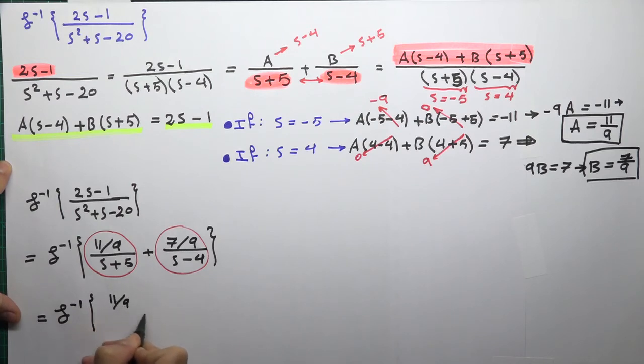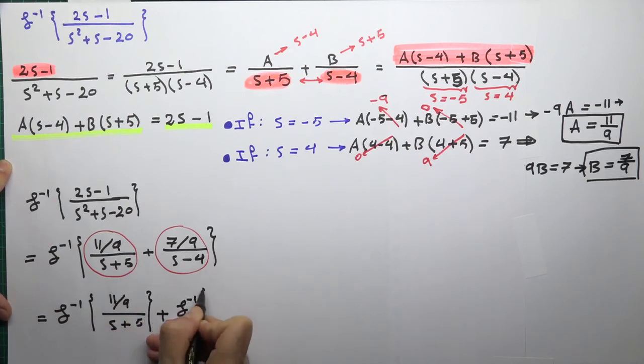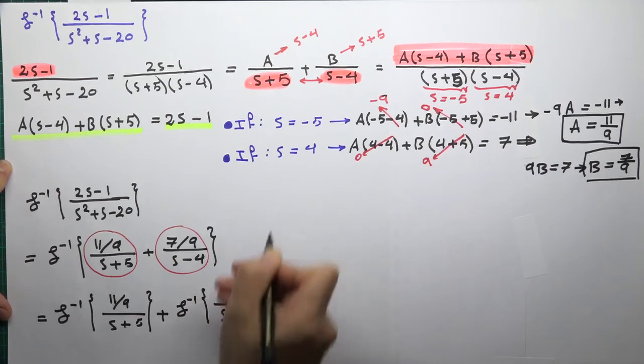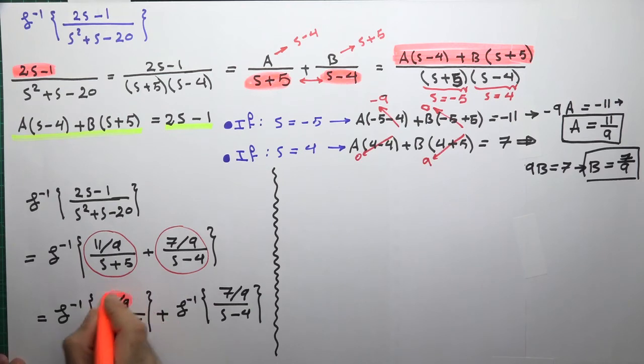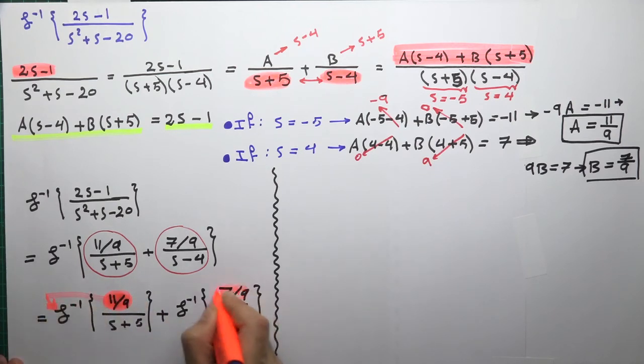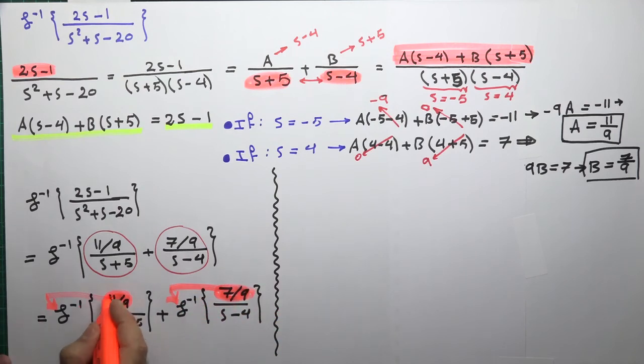So عندي 11 over 9 over s plus 5, then plus inverse Laplace transform of 7 over 9 عندي هون s minus 4. الآن يا أصدقاء، الفائدة الثانية أو الخاصية الثانية من أن هذا linear transform أننا نستطيع أن نأخذ هذا الكونستنت من هنا إلى هنا طبعا، وأيضا نأخذ هذا الكونستنت إلى خارج هذا الانفرس Laplace ترانسفورم. أيضا فينا ندخل الأعداد أو نطلعهم the way we like. يعني هذا property.